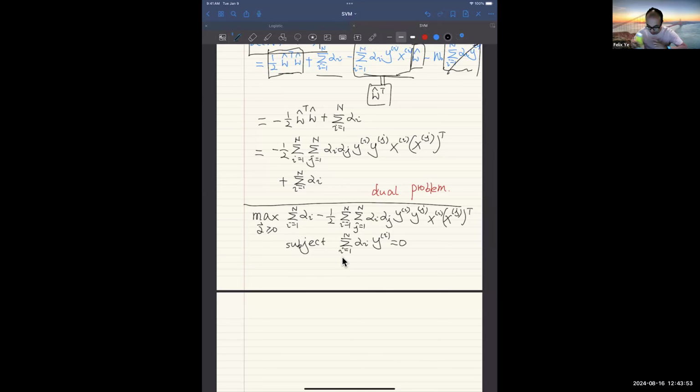So this is another quadratic problem, another quadratic programming. But in this case, our constraint is simpler because this is a linear constraint right here, and we only have this alpha bigger or equal than 0. So the constraint is easier.